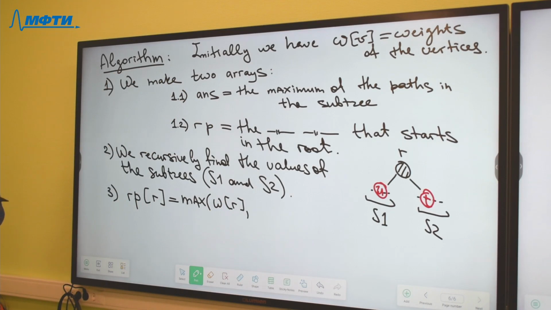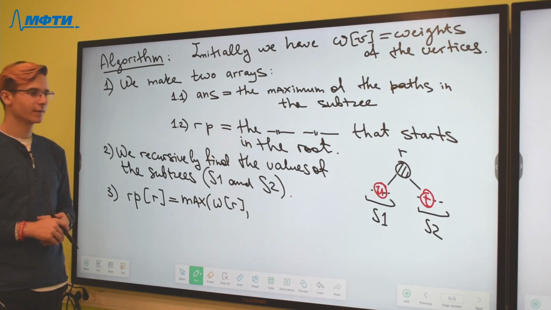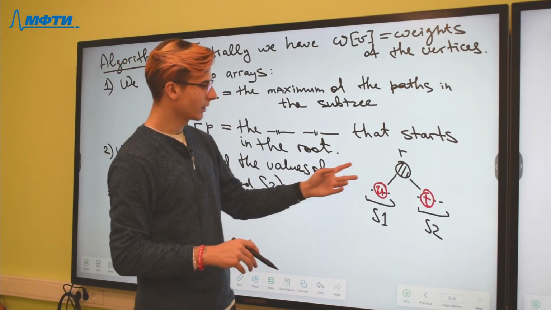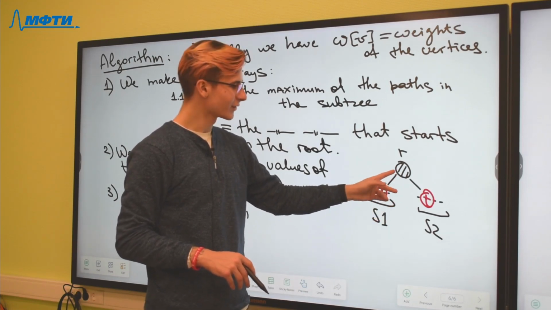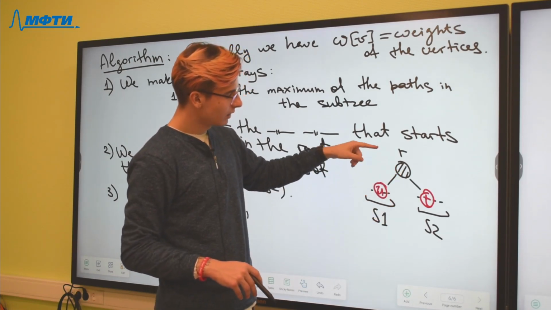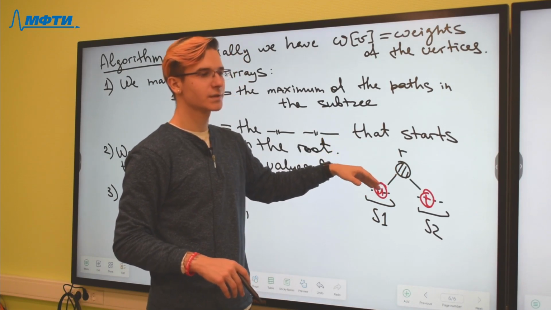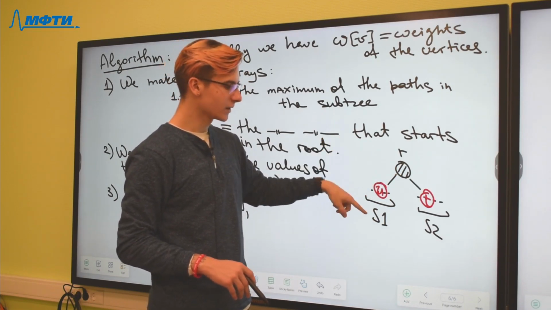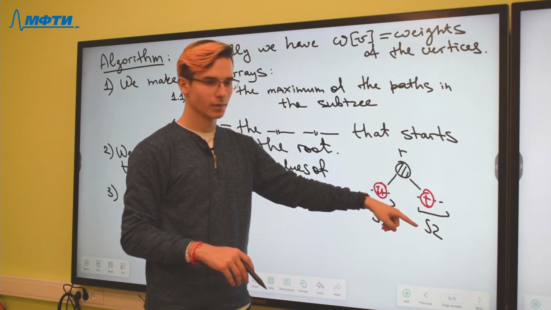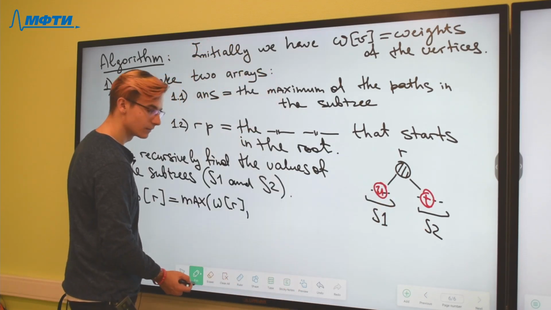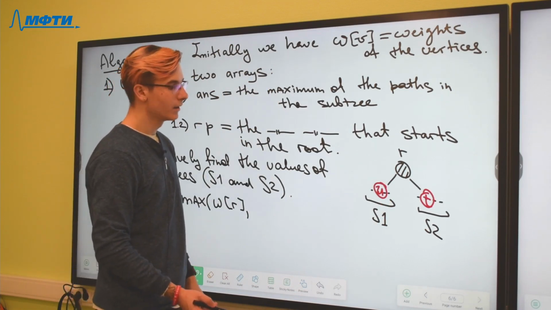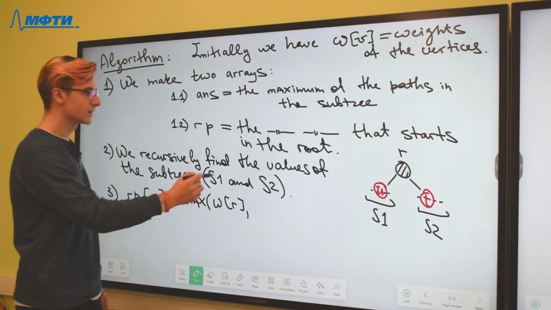Then we say, okay, but it can be a path that contains more than 0 edges. For example, 1 edge, and other vertices must be in S1 or S2. It starts in the root.